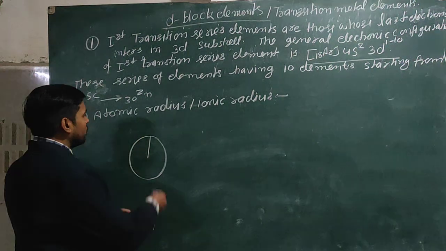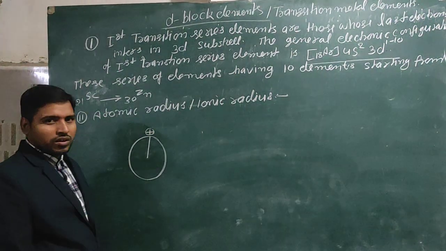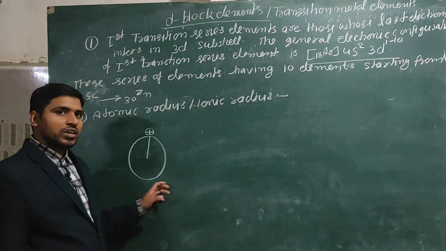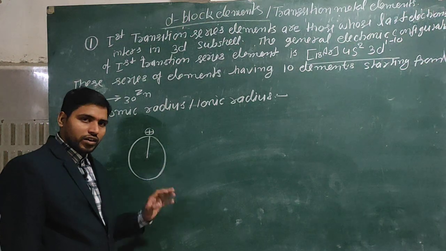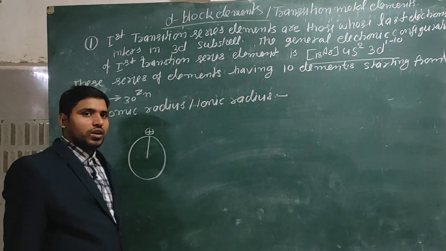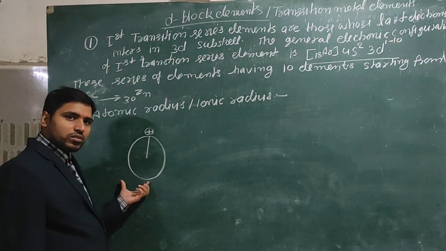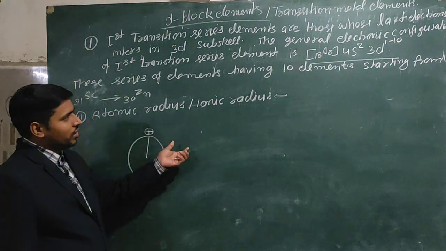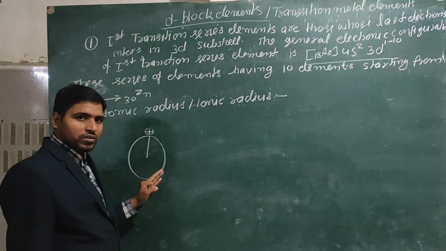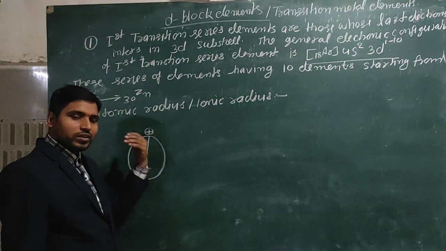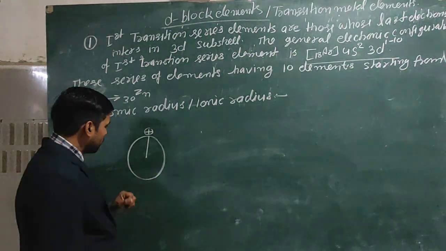But if ions are present, whether cation or anion, in transition metal elements all the elements are cationic because they can lose their electrons. They are also known as good metals because of the s electrons present in d block elements, and due to s electrons they can easily donate their electrons and show the property of metals.